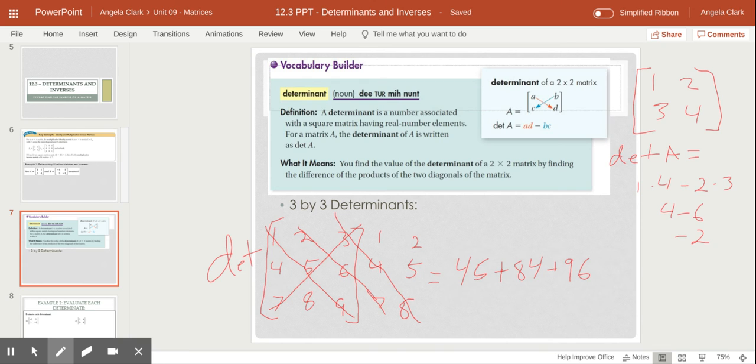Now we're going to be subtracting. When we're doing diagonals in this direction, we're adding. In this direction, we're subtracting. So this is going to be minus 105.